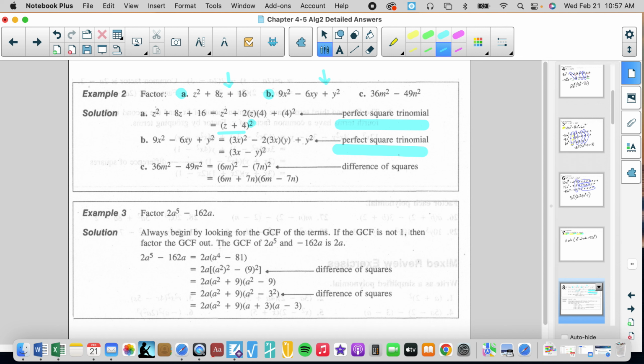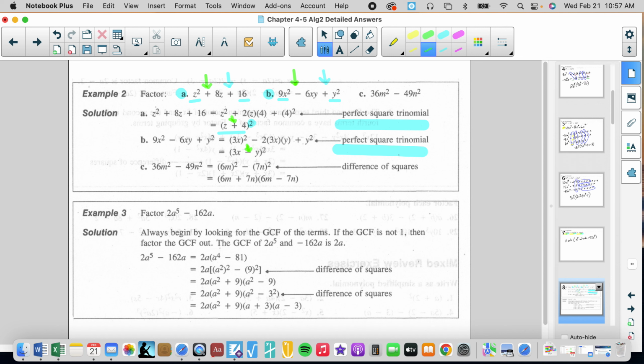And then the other characteristic is the first and last are perfect squares. And here's the cool thing: this sign will always go into your binomial square. That's always going to be the indicator.